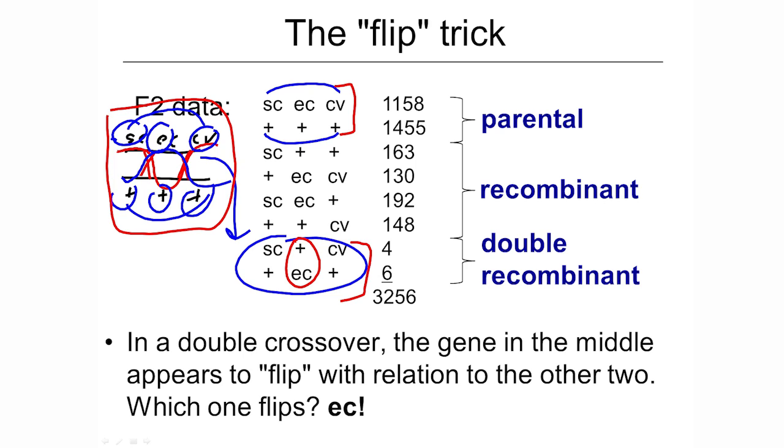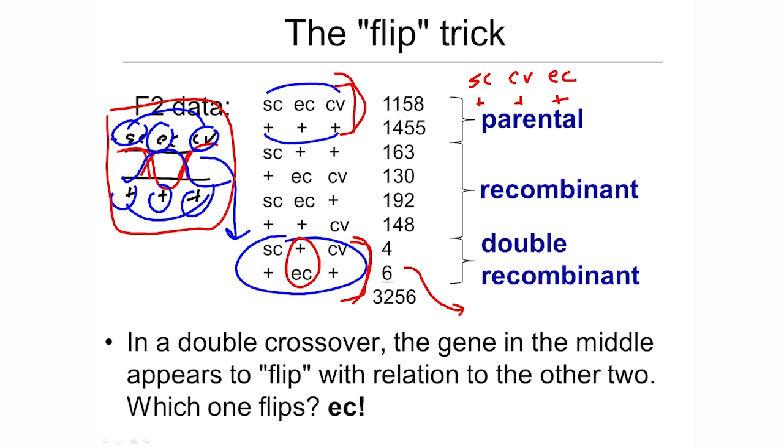But here's my question. This is the data, right? So what I wanted to say was, say they drew the data in a different order, so that the parentals were SC, CV, and EC, and plus, plus, plus. Keep them the same as they are, but the double crossovers now would be written, look what they are.